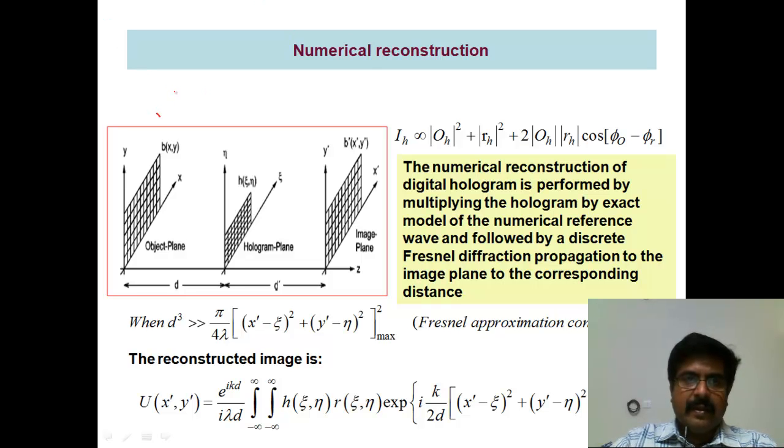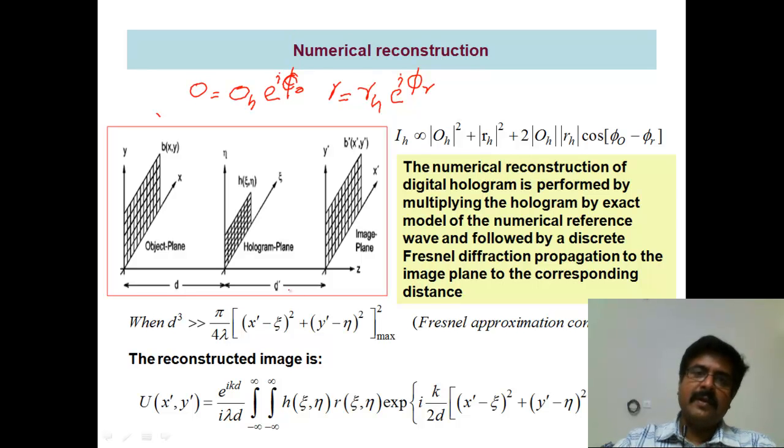Let's say the object function O is equal to O_H e raised to i phi_O, and the reference wave function R is equal to R_H e raised to i phi_R. Now I_H is the hologram.